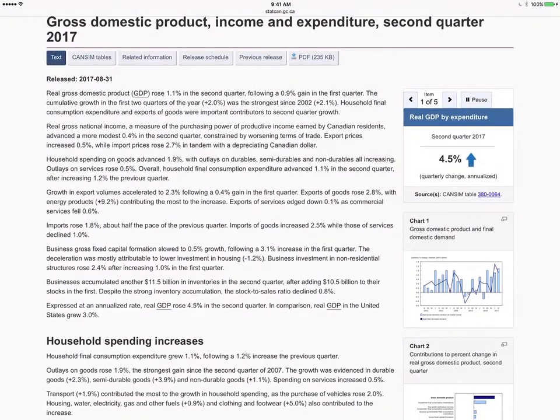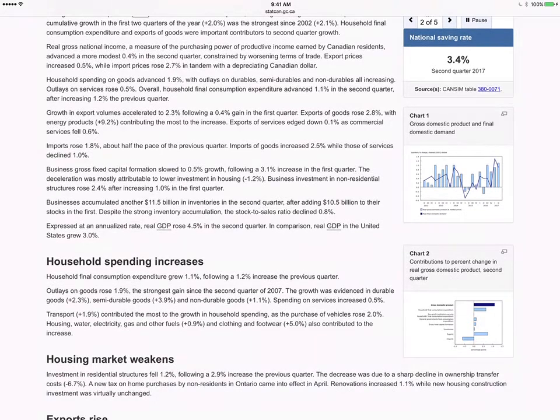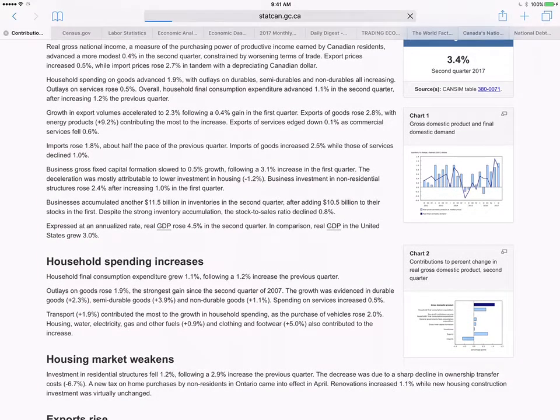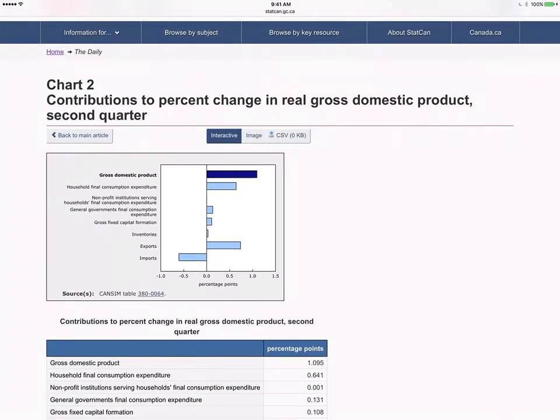And we see here how much growth we have had, as that's what you see on the top right. You can also see where the sources of growth are coming from. So we'll talk about the different parts of GDP, gross domestic product. We'll break it down and look at each of these categories, but you can see that a lot of that growth is coming from households. Households doing consumption spending, buying goods and services.